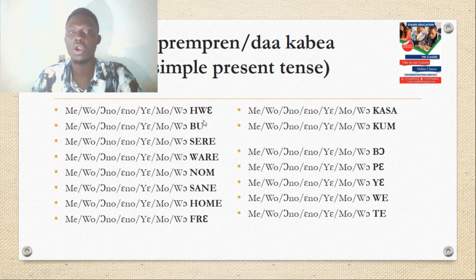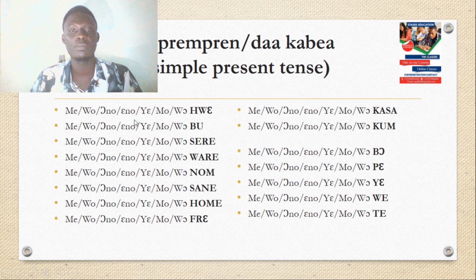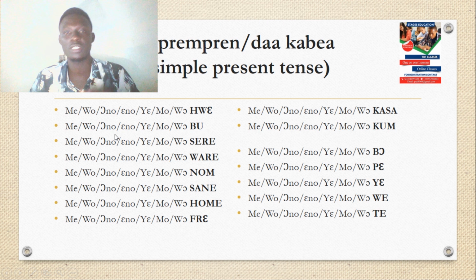We don't add the no, so ehwe. Yehwe, we watch. But yenhwe is the second person you. Mohwe. And wohwe, they watch.